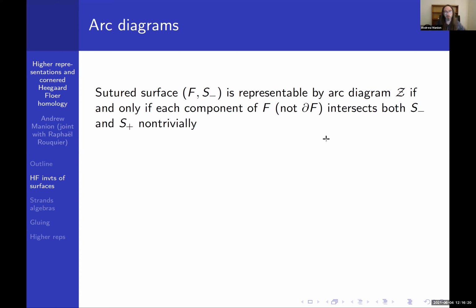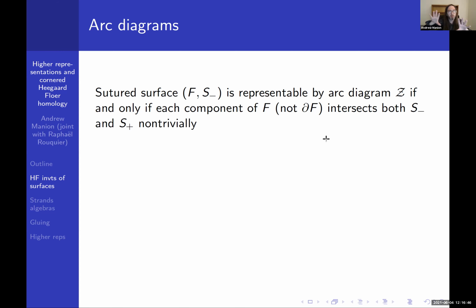Now there's a fact about this. I'm not sure if it appears in the literature, but it's a nice exercise. In this generality, your sutured surface can be represented by an arc diagram if and only if the following condition is true. This is more general than what's found in Zarev, for instance. Every component of your sutured surface, not the boundary, okay, your boundary can have components that are entirely in S plus, entirely in S minus.